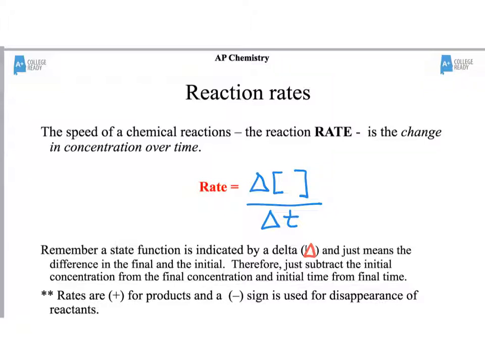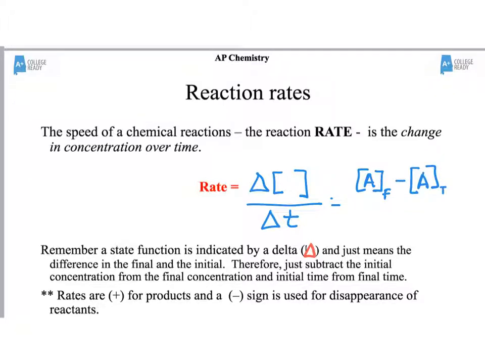Remember, delta just means it's a state function, and it's the difference between the final and the initial. So we just look at the final concentration of reactant A or product A, it doesn't matter, and we subtract the initial concentration or the concentration at a specific time.